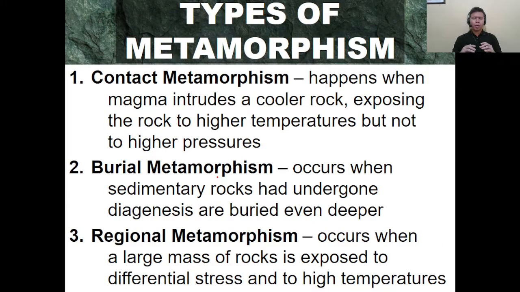So we also have different types of metamorphism, which contribute to the recrystallization, crystallization of rocks. So, contact metamorphism, burial metamorphism, and regional metamorphism change a particular rock into another type of rock upon the exposure of magma, upon the exposure of heat and pressure. For contact metamorphism, it happens when magma intrudes a cooler rock, exposing the rock to higher temperatures but not to higher pressure.